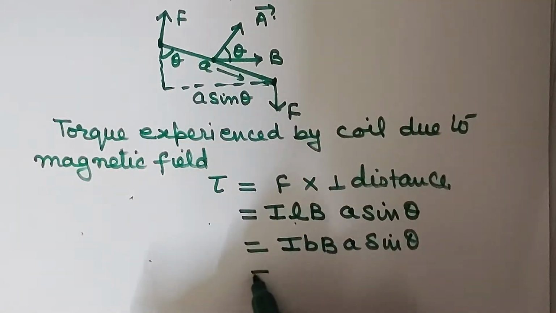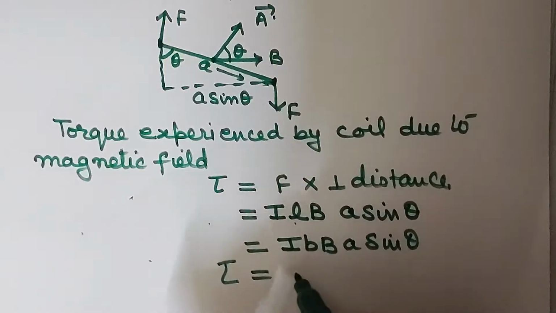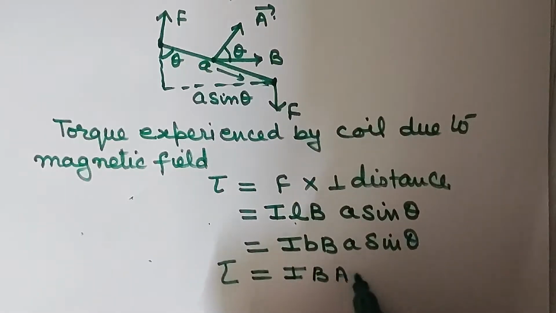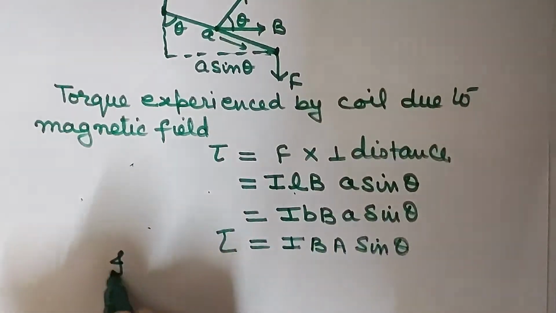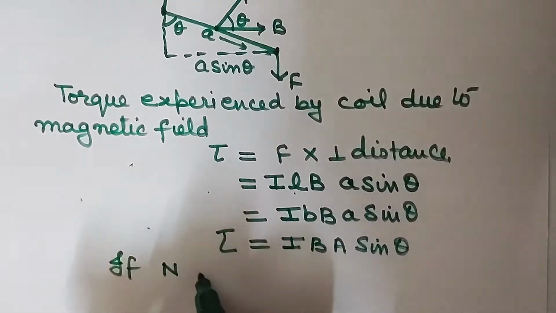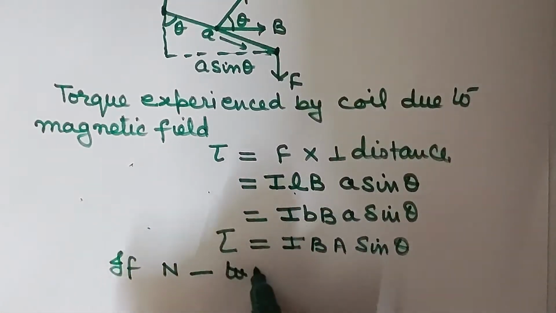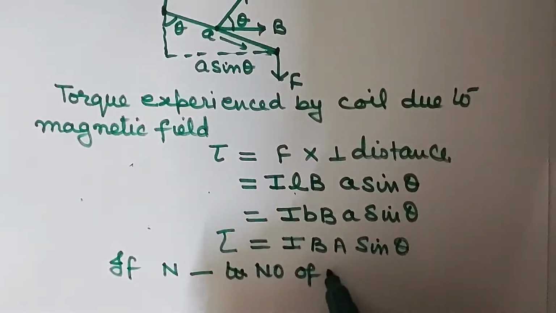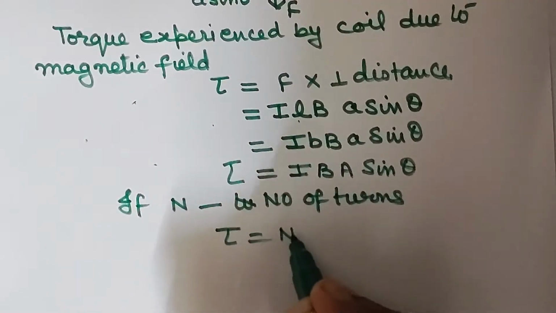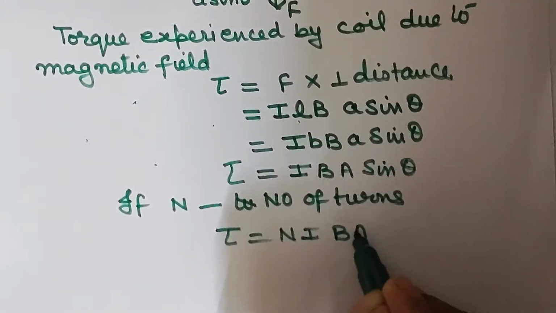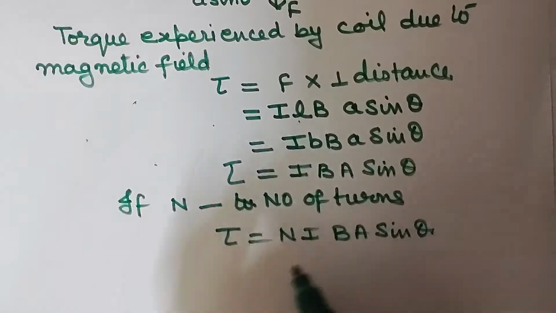Torque equals B and A, that becomes area, so I B A sin theta. If there are n number of turns, then torque equals N I B A sin theta.